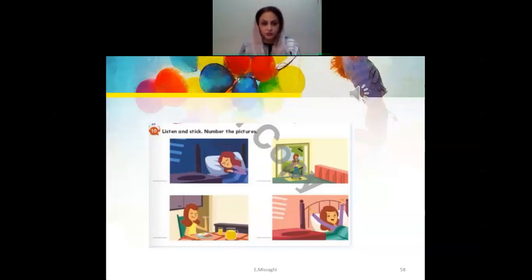Which picture is 1, which is 2, which is 3, and which one is 4 after listening. So they need to comprehend the listening to order the pictures, or to answer your questions. So they get the bigger picture, comprehending what's happening in this listening or reading.